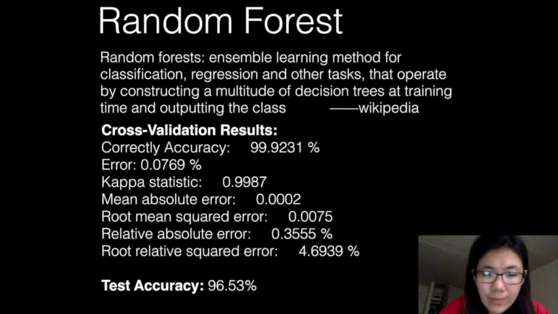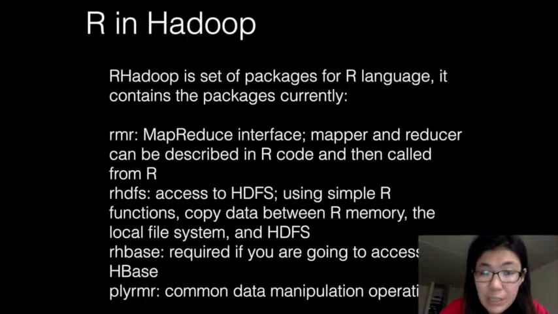So random forest, an ensemble method, is the best method, and I'm going to run the random forest on Hadoop. Notice that in this project, I use R for the whole process to build the models, and I'm going to use R on Hadoop.